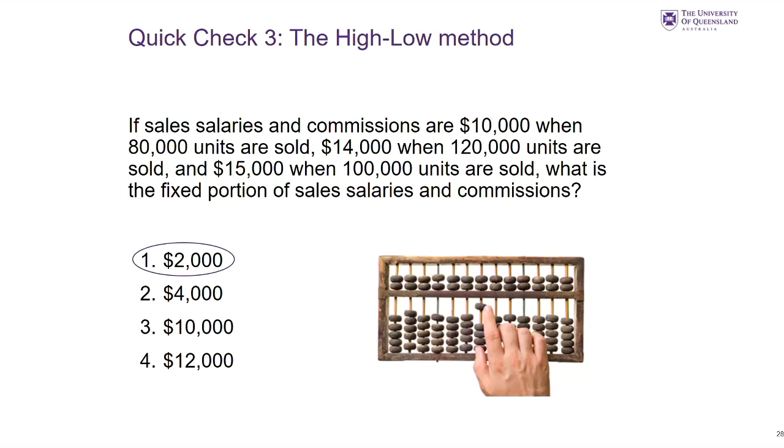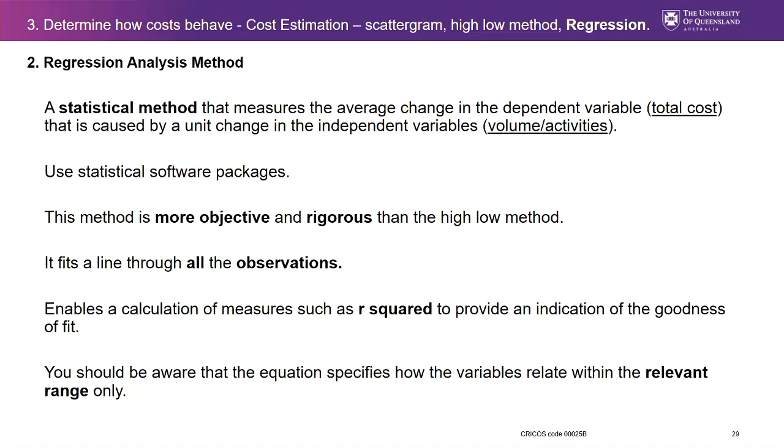We all good? So it's not terribly accurate, as it doesn't take into consideration all of the data points, only the ones that you base your estimation on. Okay, so as you point out, regression analysis would be your preferred method. You're calculating the line of best fit using all of the data points.